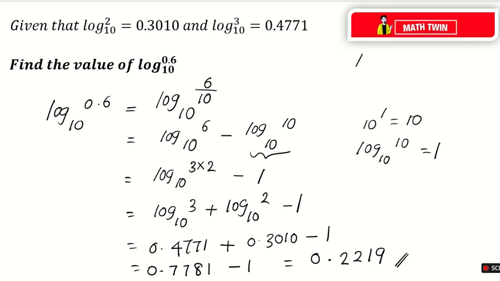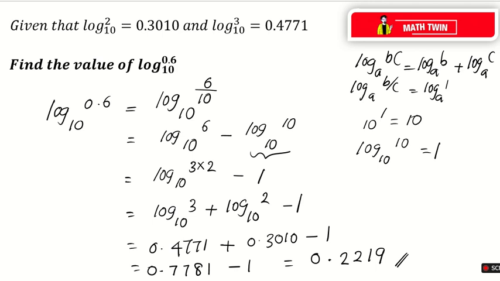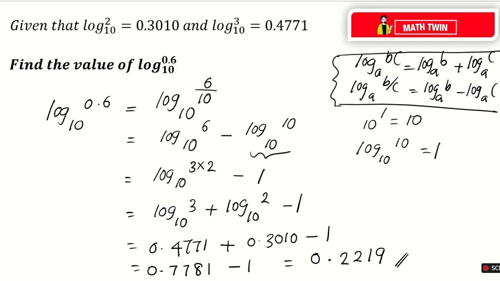When you have log base a of b into c, it can be written as log a of b plus log a of c, and the same way log a of b over c we can write as log a of b minus log a of c. These are the two rules which we used here.